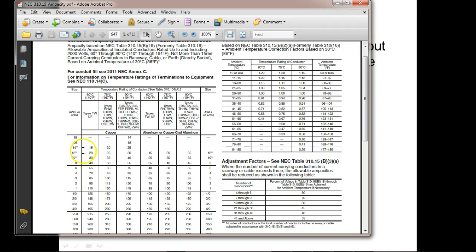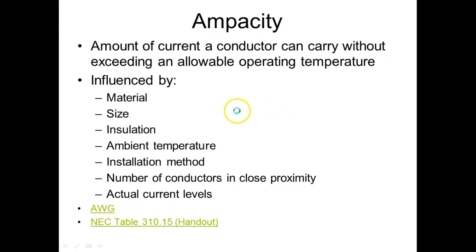These are the ones you'll run into most often. 14 gauge, we use on 15 amp services or 15 amp breakers. 12 gauge we use on 20 amp services, and then 10 gauge we use on things like air conditioners and water heaters. We also do use some 8 gauge in housing, but very, very seldom. But it all depends.